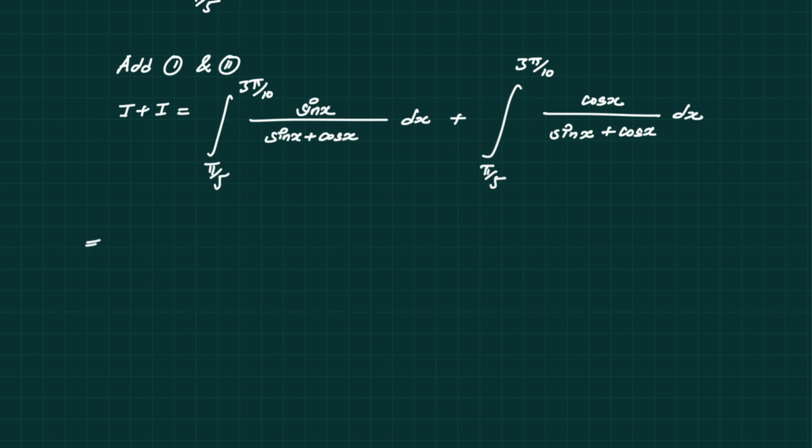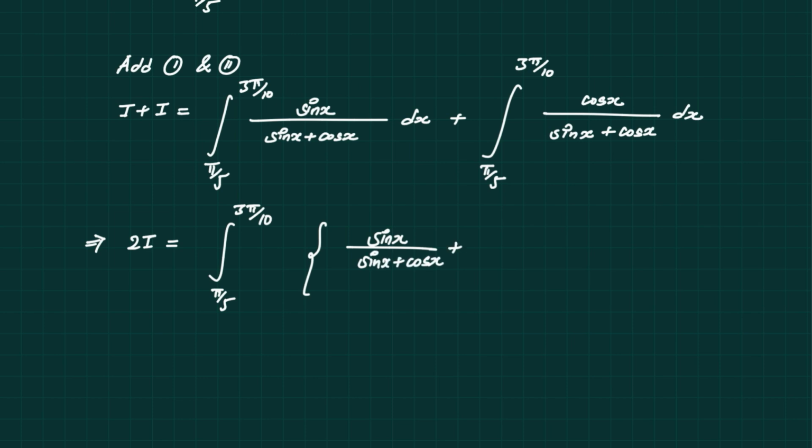I plus I is 2I equals integration from pi by 5 to 3 pi over 10 of sin x over sin x plus cos x plus cos x over sin x plus cos x dx.